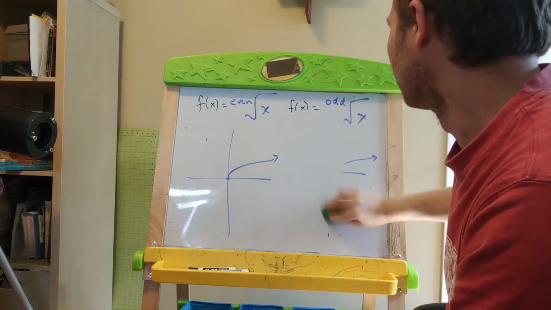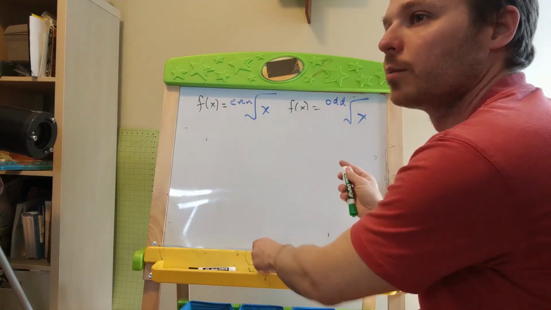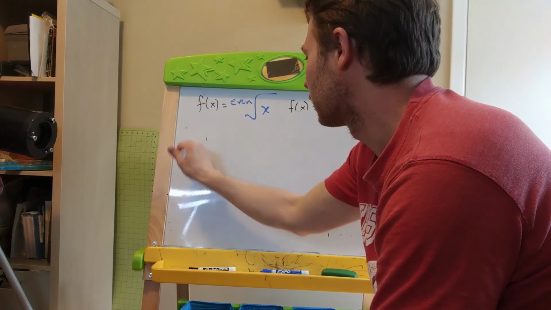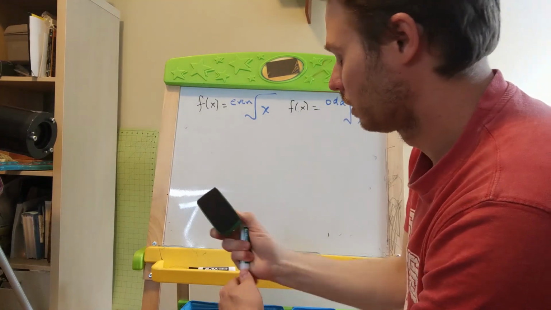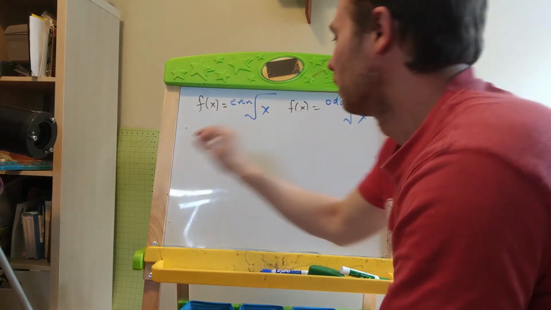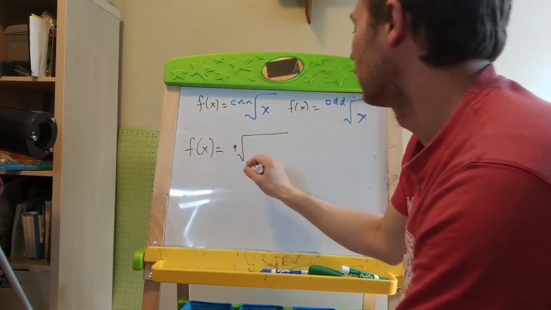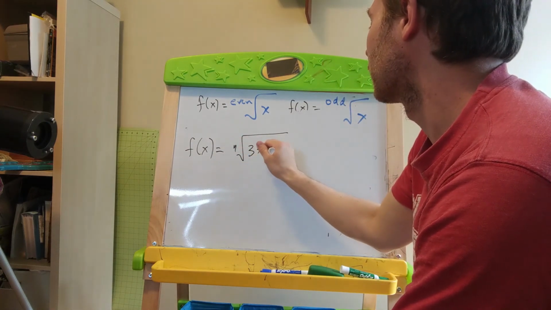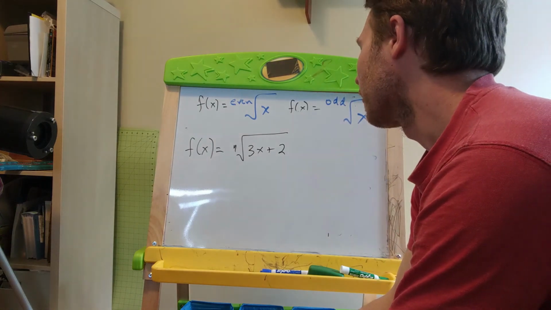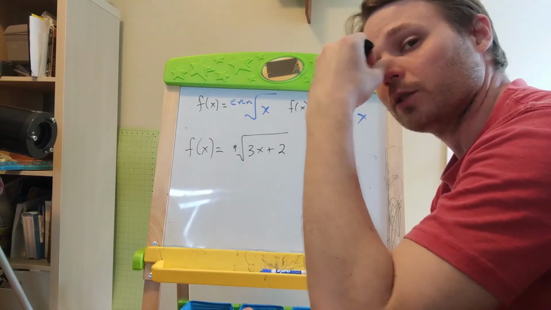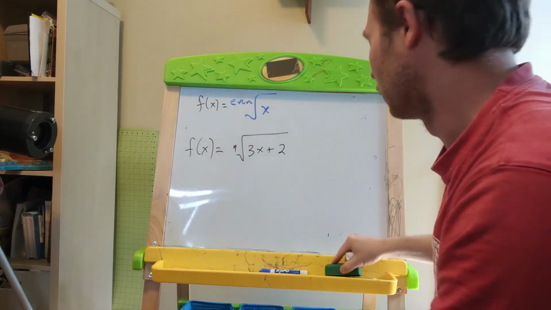Now, you have to be a little bit careful here because it's not always going to be 0 to infinity. So, for example, if you were dealing with something like this, I'm going to use black. Say you were dealing with the fourth root of 3x plus 2, and you're trying to figure out what the domain is. Well, for this class, there are two ways we can do it. We can graph it and see what the domain looks like.